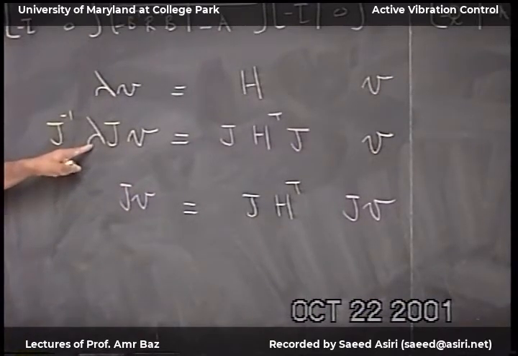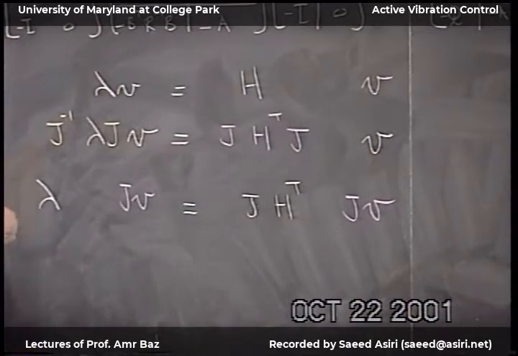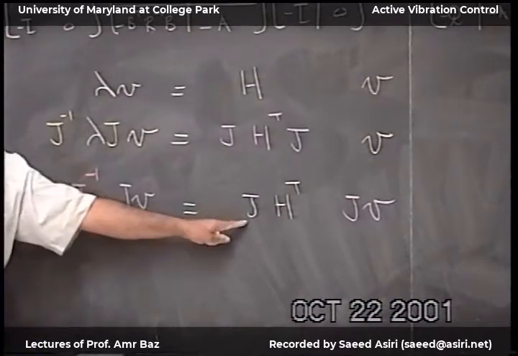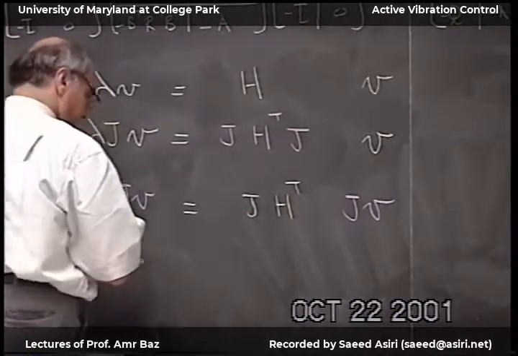This is eigenvalue, it's a scalar, I'll take it out. And this J inverse, I can replace it by minus J. Or we'll leave this J inverse like this, and then replace this J by minus J inverse.